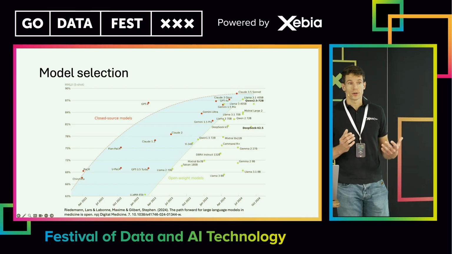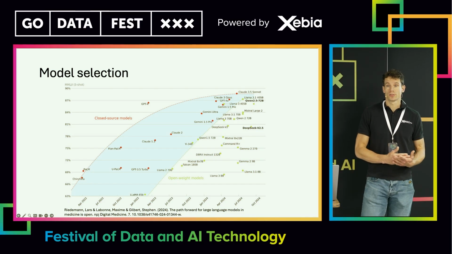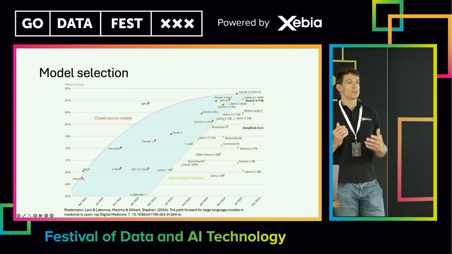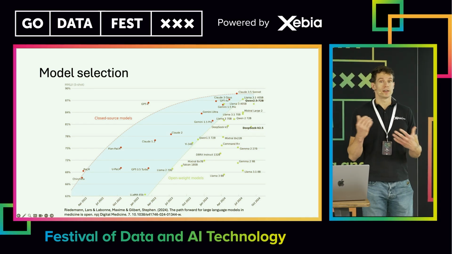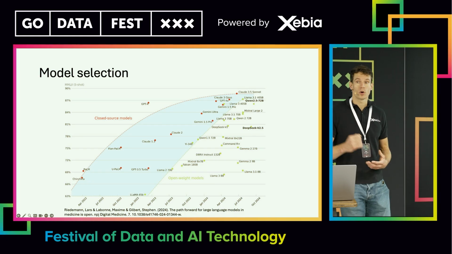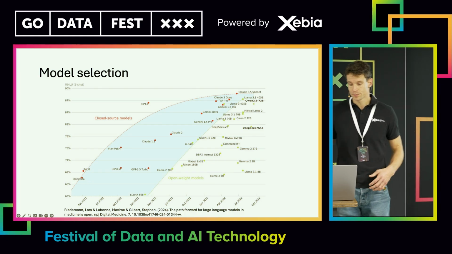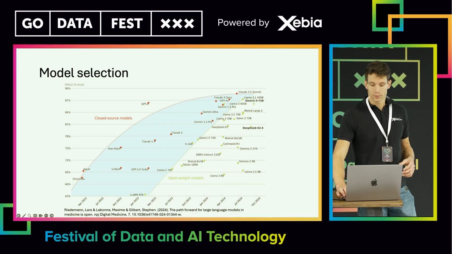But what this graph shows is that over time, the gap between state-of-the-art models and open-weight models is closing rapidly. Nowadays, the state-of-the-art models are 6 to 9 months ahead of open-weight models. So the performance is actually quite comparable, and that's not something that we necessarily need to be concerned about.